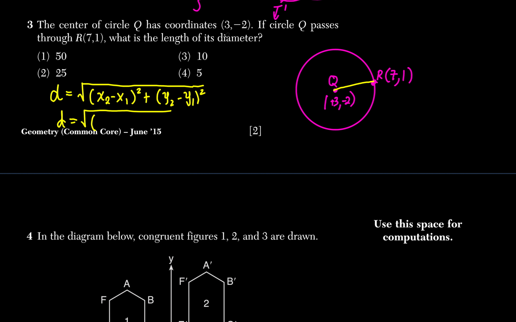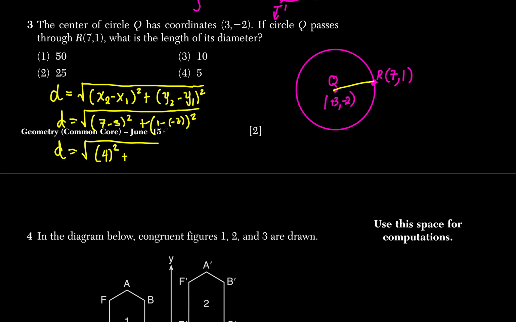X second would be the point R, 7 minus 3, plus y2 minus y1 would be 1 minus -2, squared. So the distance is now the following. It is 7 minus 3, which gives us 4, plus 1 minus -2.